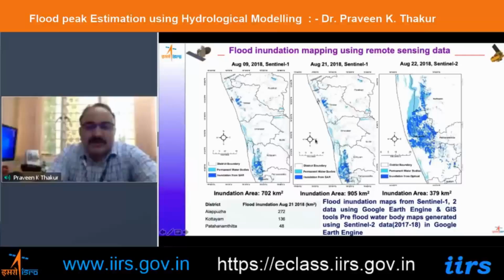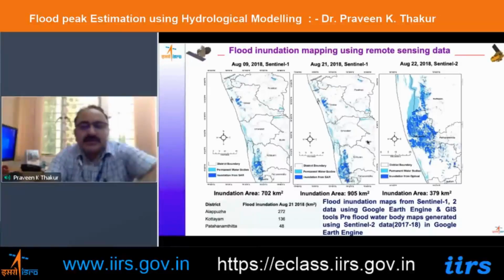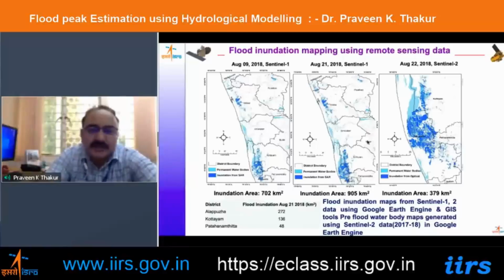The light blue represents the permanent water bodies before the flood, and the dark blue represents the flood pixels, where excessive flooding was reported during that flood. So these activities are operational. Immediately after the floods, we know what are the areas where flooding has happened.